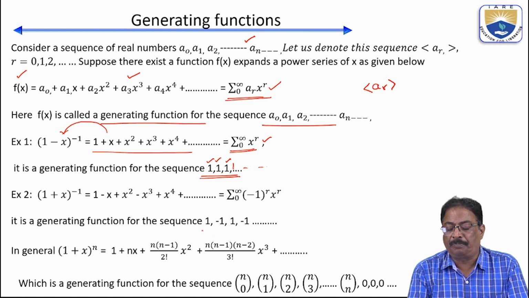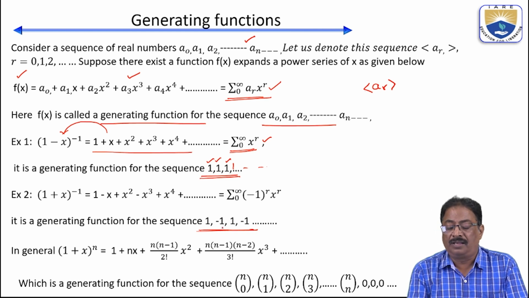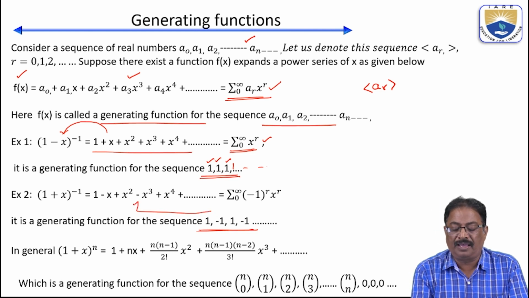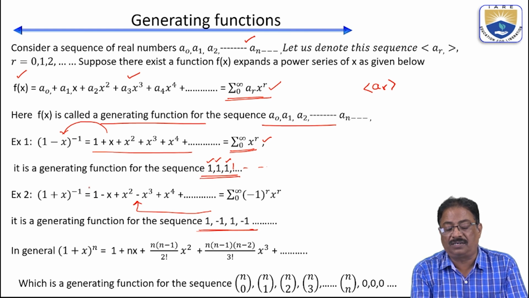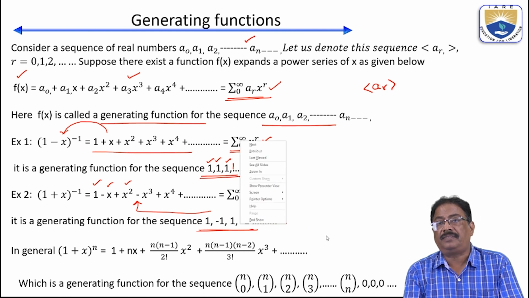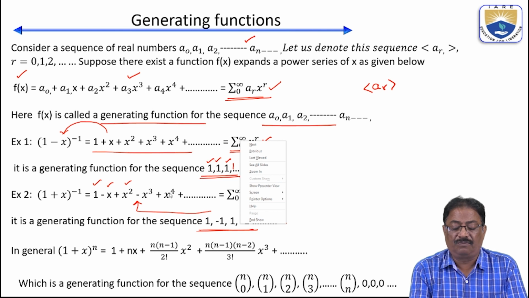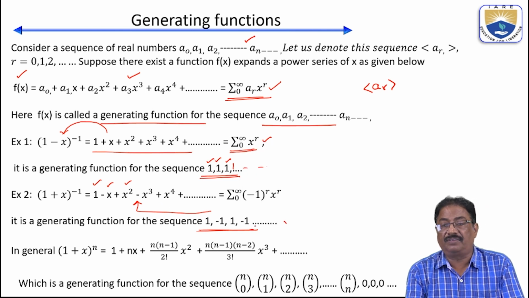Suppose I consider a sequence like this, 1, minus 1, 1, minus 1, and an expression whose constant coefficient is 1, x coefficient is minus 1, x square coefficient is 1, x cubed coefficient is minus 1 and so on. This is another generating function, for the sequence 1, minus 1, 1, minus 1 and so on.